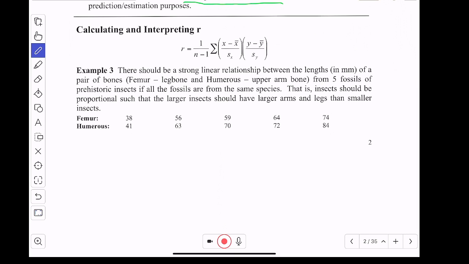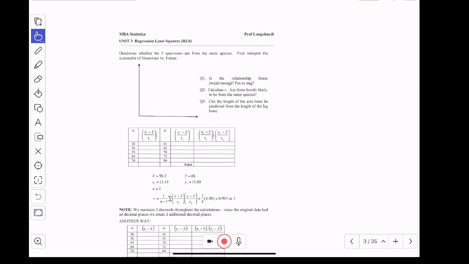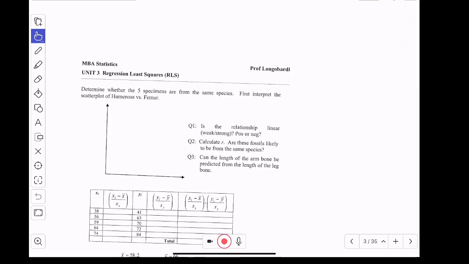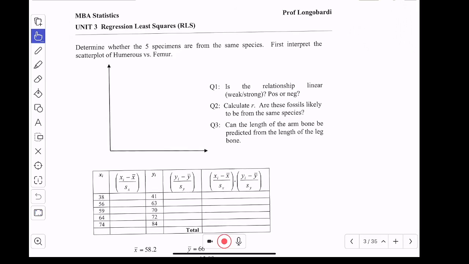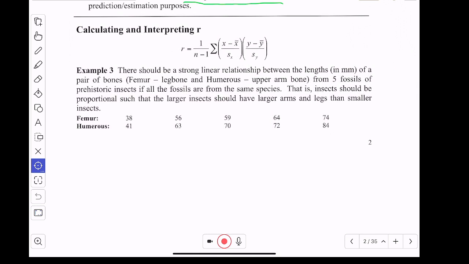So in this example, I ask you to plot, and I tell you to plot in a particular way. I ask for humerus versus femur. So arm versus leg.